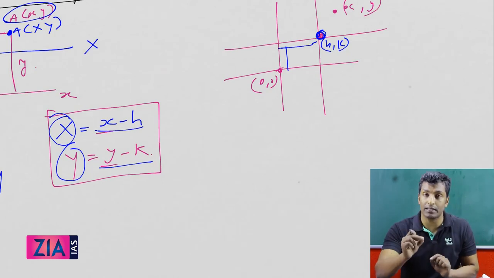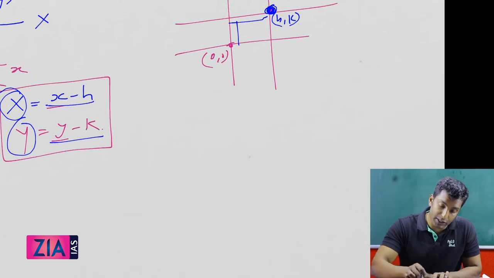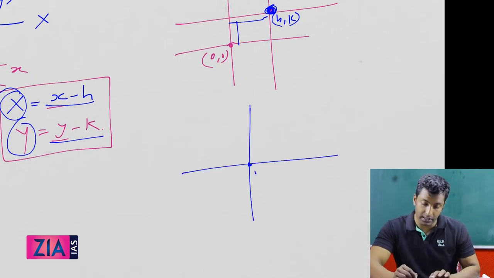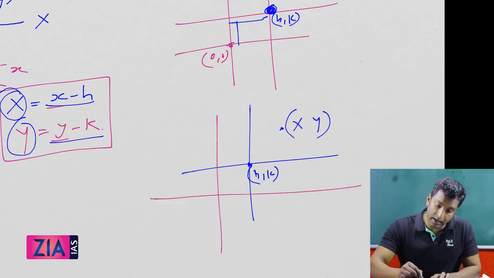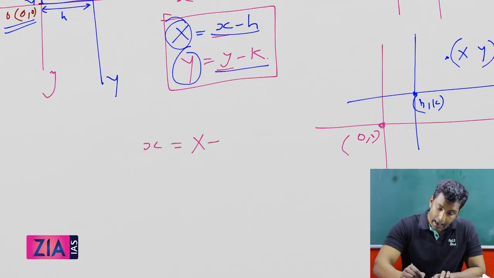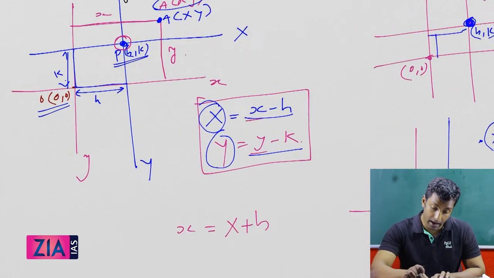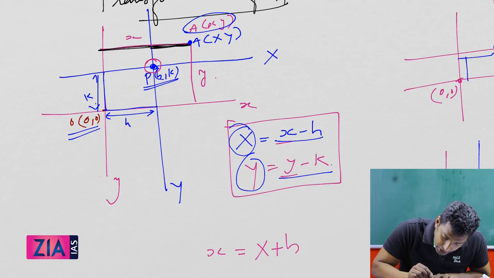Now, if the new system is given, with the origin h comma k, and this point is given as capital X and capital Y, can I find the coordinates in the normal system, where 0 comma 0 is the origin? Obviously you can. How will you find it? Small x will be X plus h. Why? Because this is your capital X, this much is your h, and the total is small x.